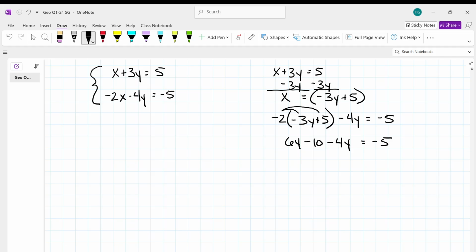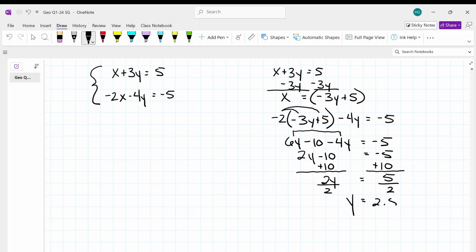Combine like terms. We got a 6y minus a 4y, so 2y minus 10 equals negative 5. Add 10 to each side. So our 2y is equal to 5, and then divide both sides by 2. So we get a y that's equal to 2.5.